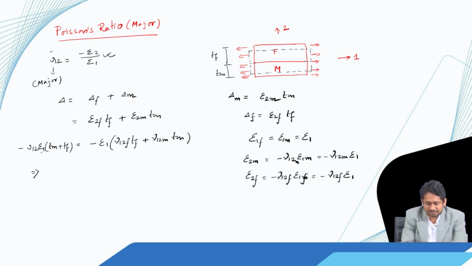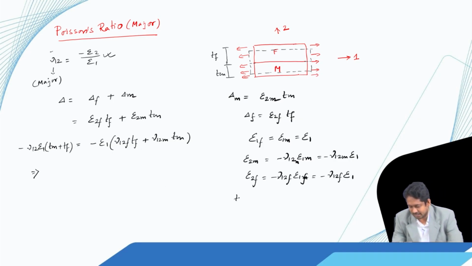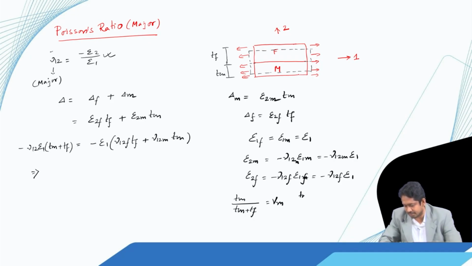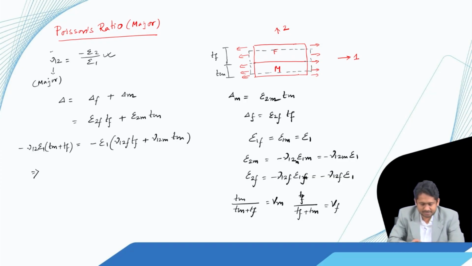Now, we can cancel epsilon 1 from both sides, we can bring this T m plus T f in the denominator in the right hand side, and we know that T m by T m plus T f is equal to V m, and likewise we have T f divided by T f plus T m, and that is equal to V f.